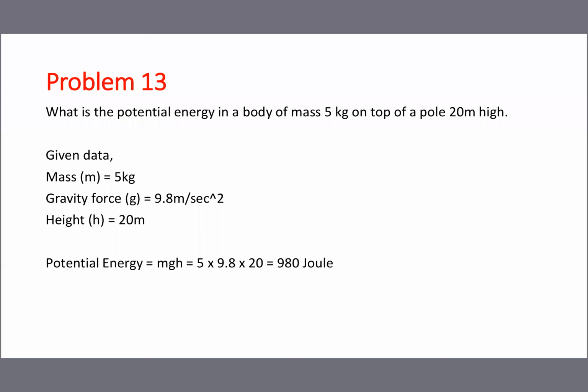Gravity is not given, but it's general knowledge: acceleration due to gravity is 9.8 meter per second square. You must assume it. Don't say data missing. Height is 20 meters. Multiply everything, 5 into 9.8 into 20, and you will get 980 joule directly.